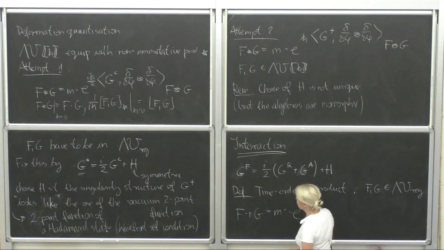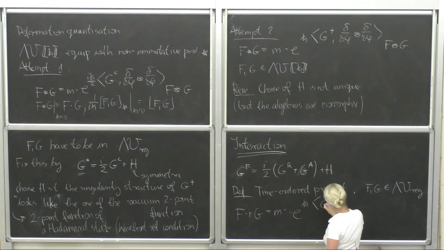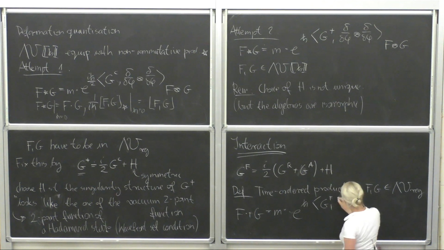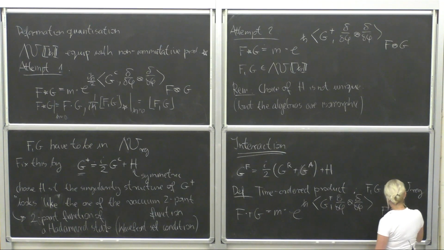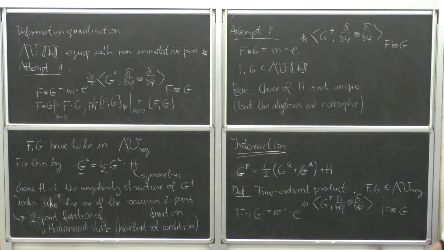So let's just insert the Feynman propagator instead of G plus. Let's do G_F. Great. And then those derivatives. All fine. F, G.